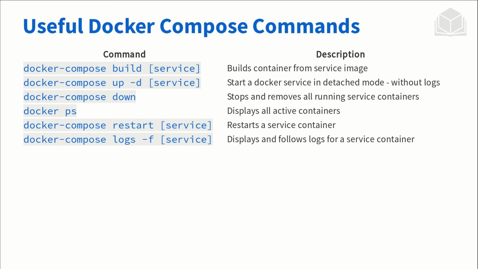Docker Compose helps us to build the files with docker-compose build and then the service name, and to run the images as containers with docker-compose up. With -d it's running in the background as a daemon, and we have the shutdown command as well. docker-compose down will shut down everything. With ps, this is just a Docker command, we will display all of the active containers. We can restart a container, and we can attach to a container and read the logs.